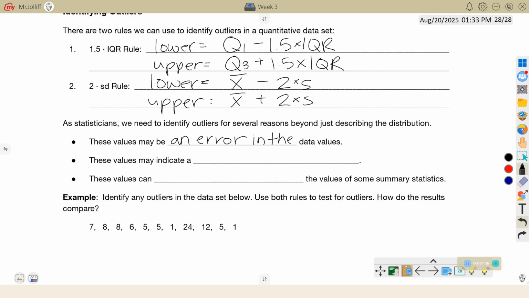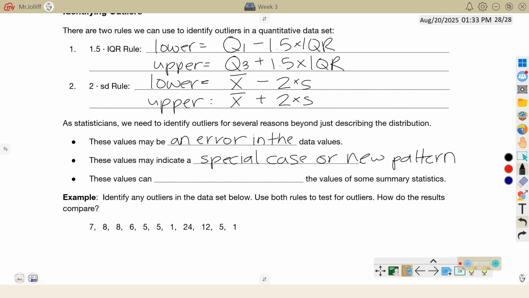If it's not an error, it could indicate a special case or a new pattern, something we haven't considered before. We just talked about that visit to the doctor's office and your child being labeled abnormal, right?